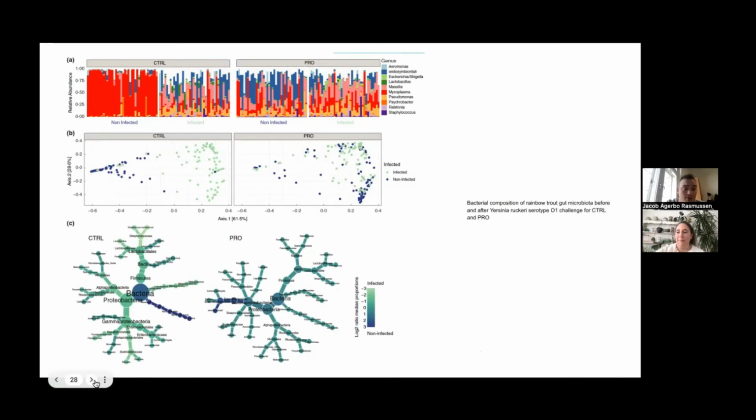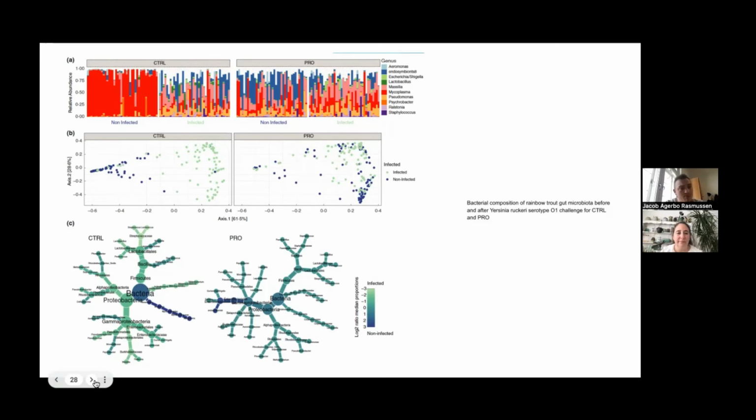And in this case, we saw, as in the previous paper, that the control diet without infection had a dominance of mycoplasma, whereas the fish without infection but fed with probiotic had, of course, changed to another composition, as we saw in the previous paper.